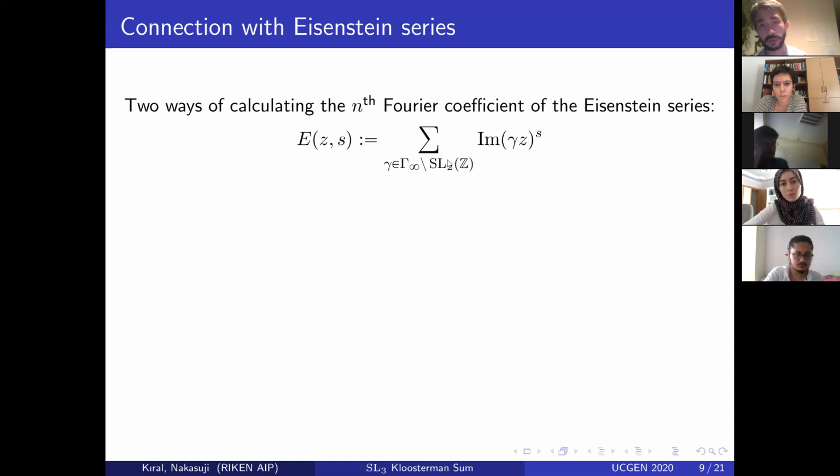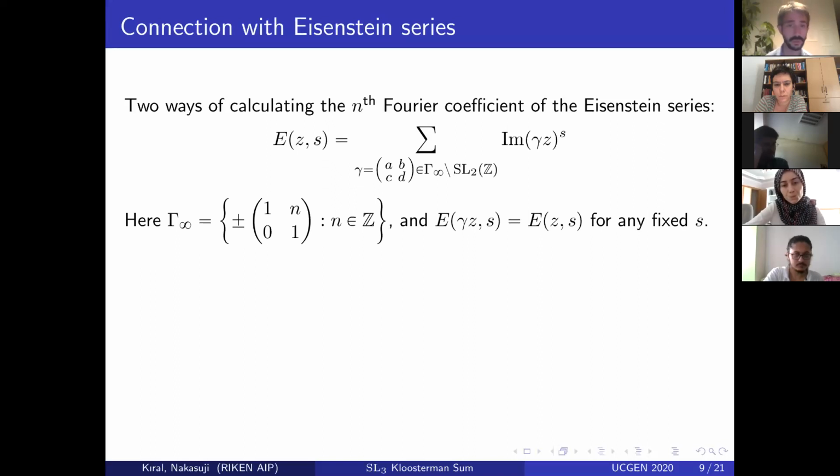That is because of this gamma infinity, which I have to introduce. This gamma infinity is the set of translations. Imagine the action was AZ plus B over CZ plus D. If you apply it to the matrix 1 n 0 1, Z goes to Z plus n. So it's translations by integers to the left or to the right, and translations don't change the imaginary part.